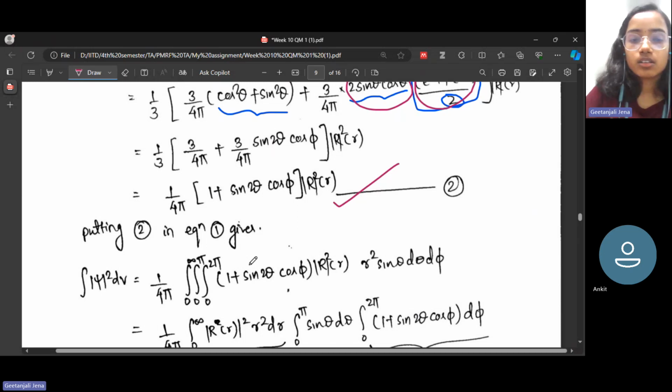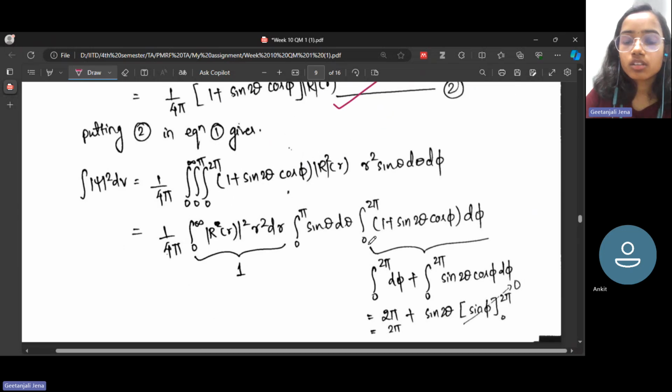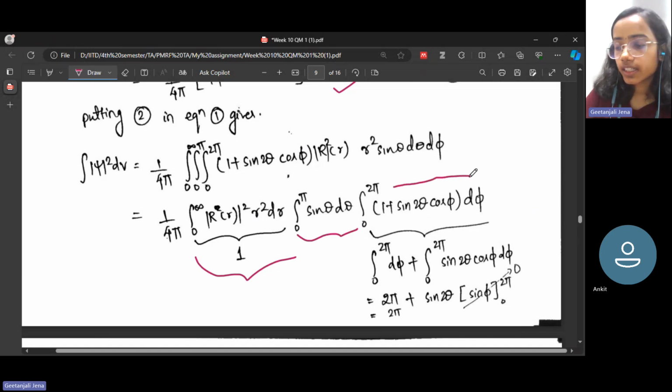So now you have to put this in the integral form and separate out the individual terms: the r term, the theta term and the phi term. The first one is the R term, the second is the theta term, and the third one has both theta and phi.